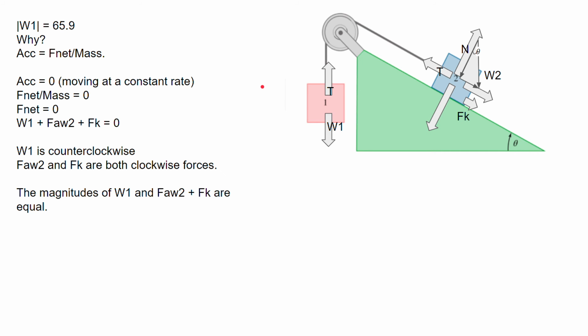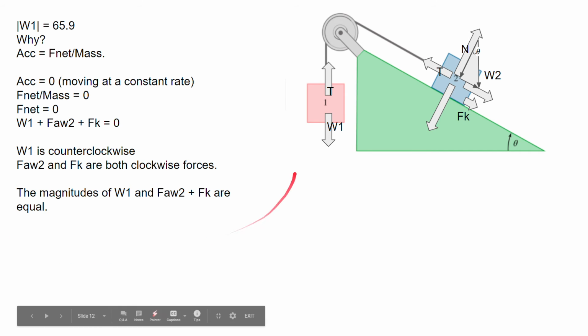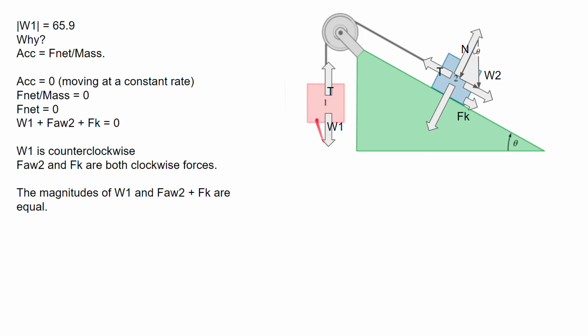And so I'm going to say that the counterclockwise direction is negative. This is an explanation of what I just said earlier, that since there's no acceleration, this force has to add up to this external force.